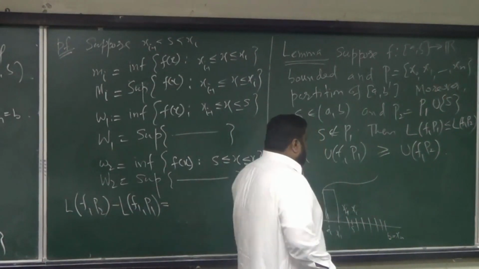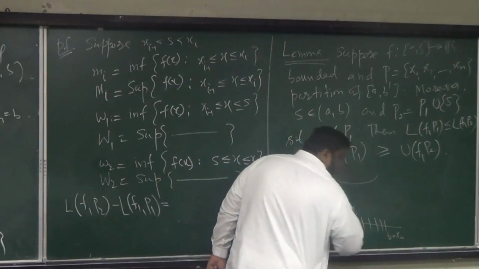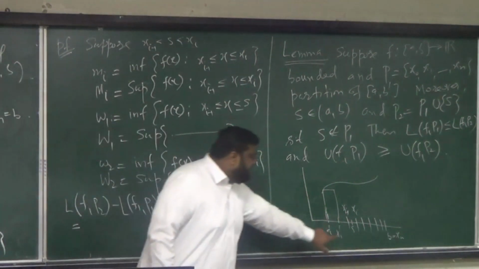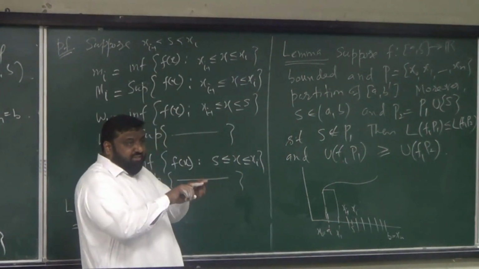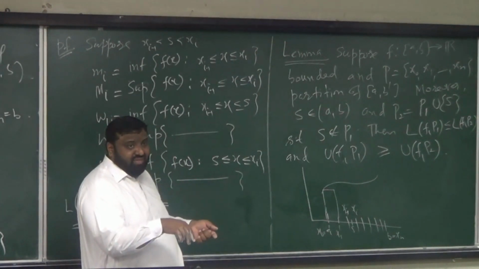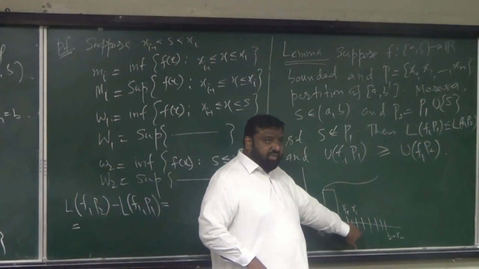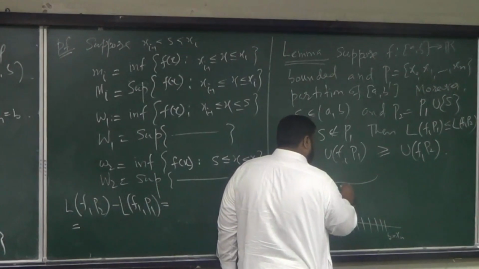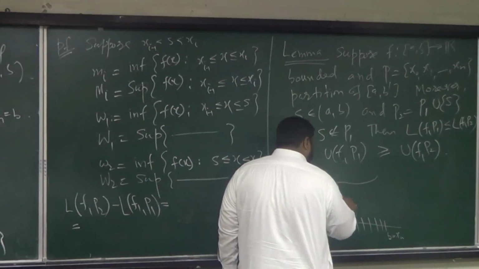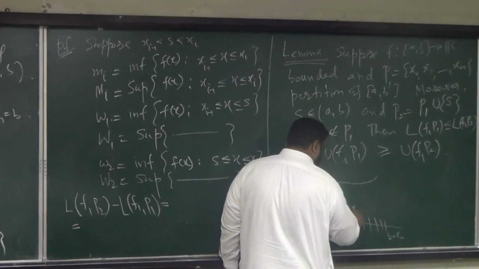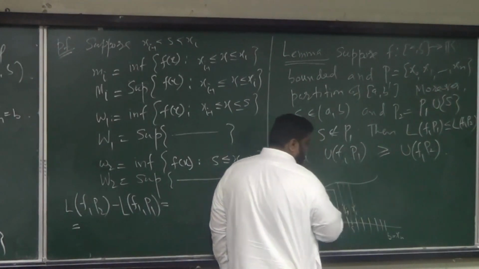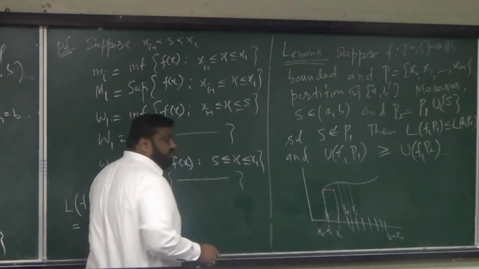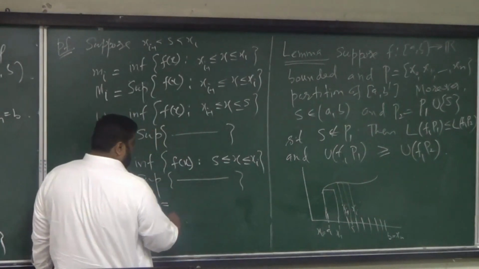So we are in this subinterval. Now, what is L f P2 in this subinterval? I have 3 points now: x i minus 1, S and x i. So I'm going to have 2 rectangles, this one and roughly this one. What will be the area of the first rectangle?